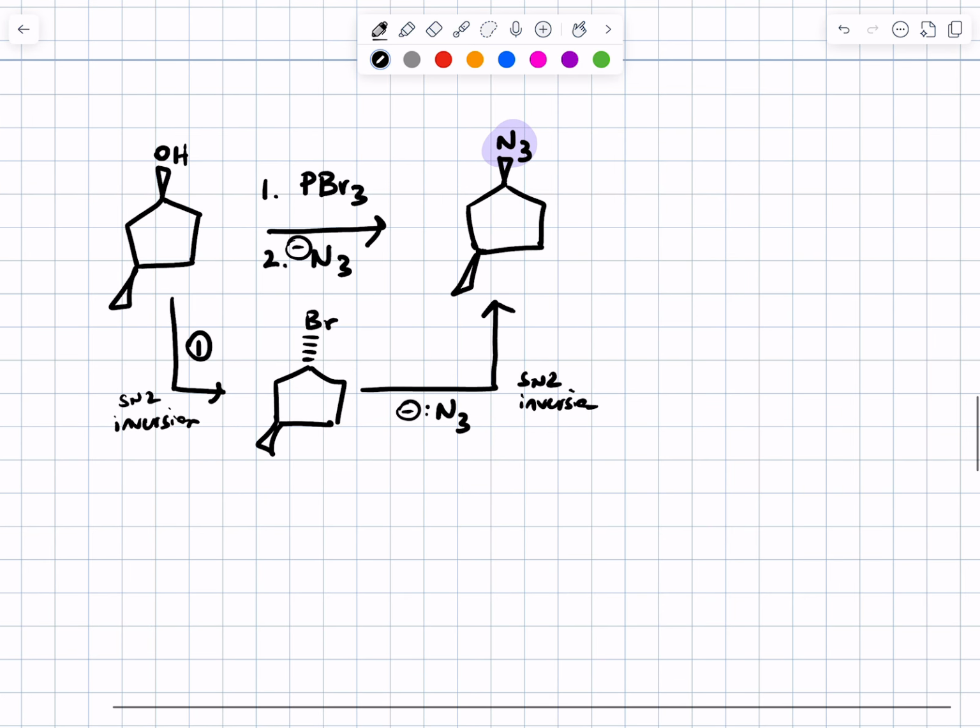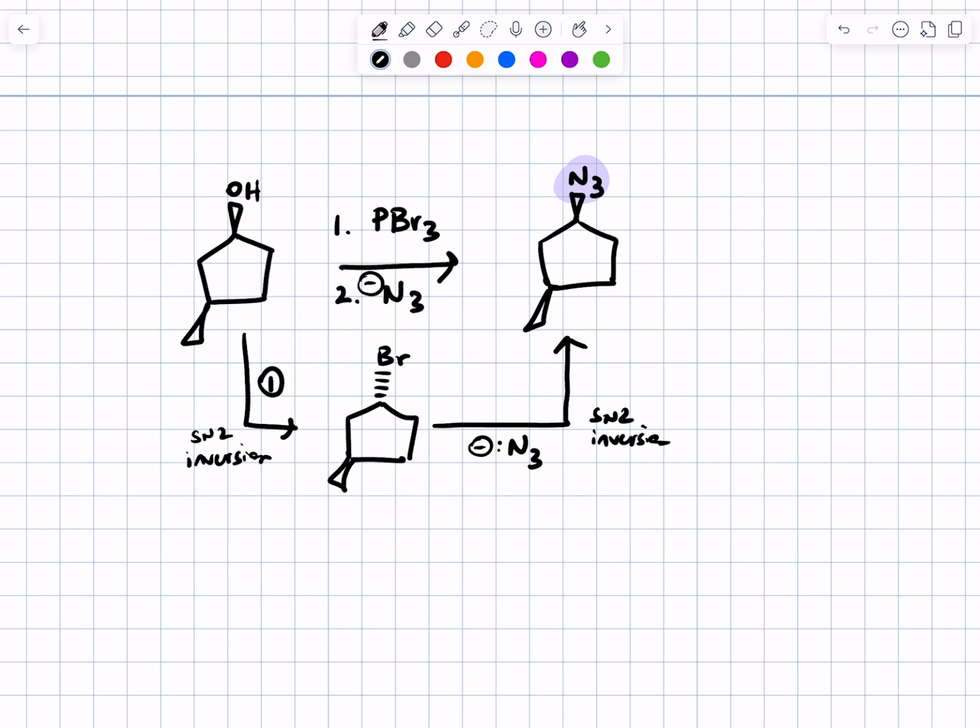In effect, we've replaced OH with our nucleophile here, and it almost looks like we've got retention of configuration because the OH group that we replaced is a wedge, and the nucleophile we replaced it with is also a wedge, but we've done it by double inversion. Do you see how two tandem SN2 reactions give you a nucleophile in place of the OH group, but it's still a wedge?